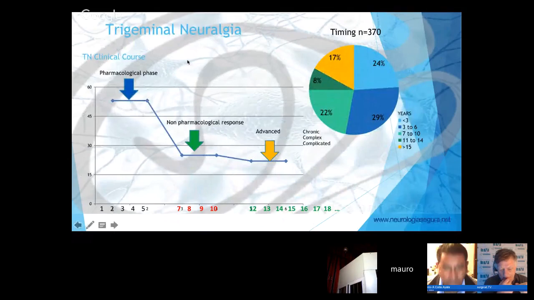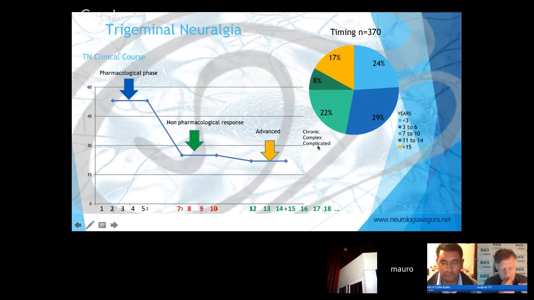I would like to validate it with another neurosurgeon or another institution, because we divide the course of trigeminal neuralgia into 3 phases: initial, medial, and advanced. The first is the pharmacological phase, then the non-pharmacological phase, where the patient comes looking for help, and finally the advanced phase.